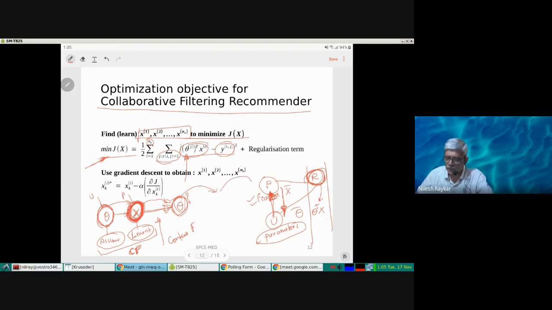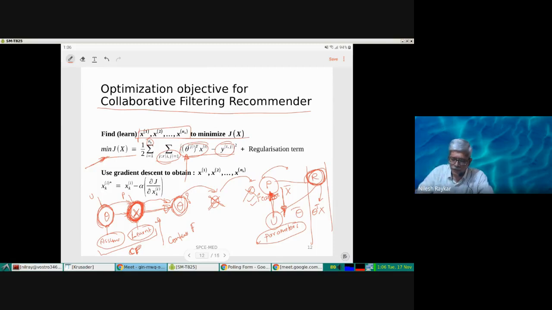And if you continue this process, you will alternate between x and theta, and so on. And you will reach a position where the x terms or theta terms are not changing much. That means that at that point we can say that we are reaching the convergence of the solution.